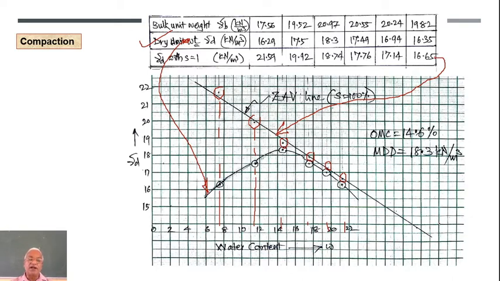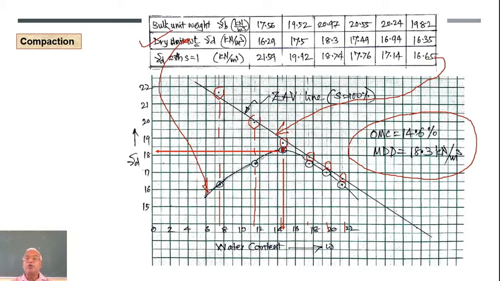Now from this graph I have to find out MDD and OMC and write it there on the graph sheet only. Now corresponding to that, what is the water content? It will be 14.6, say, then 18.3, say.